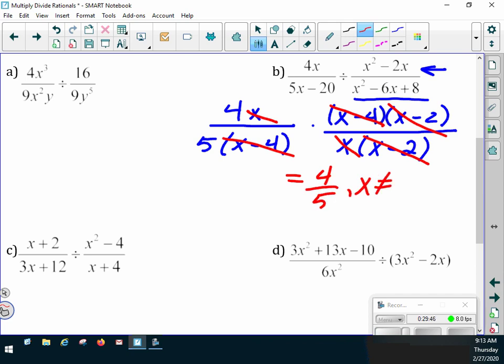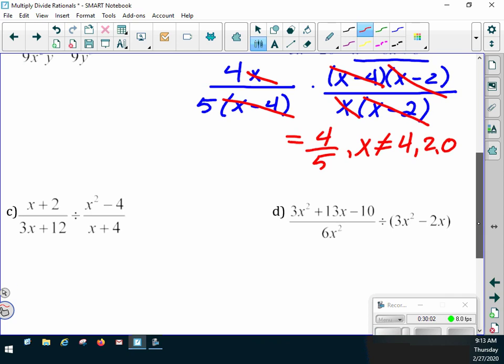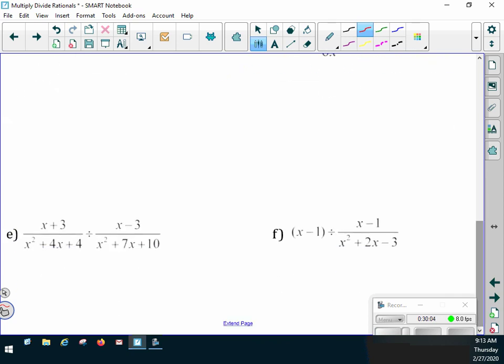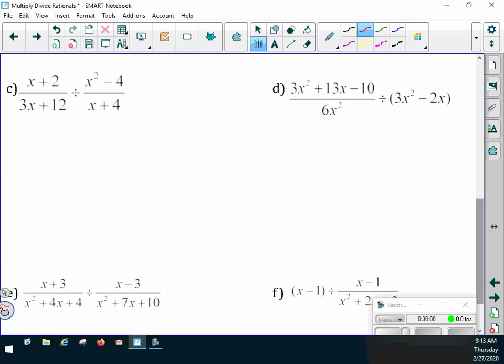X cannot equal 4, 2, or 0. It can equal anything else. I'm thinking D. Yes, D.